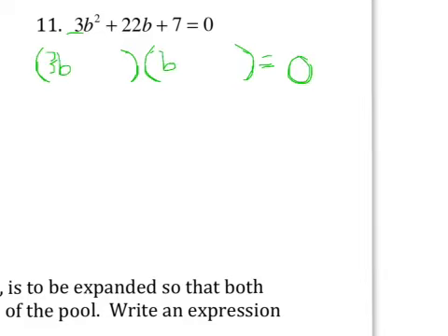And then we need to think of two numbers that add to 7, and that is 7 and 1. Now let's use the smiley face method to check. So this gives me a 7b, and this gives me a 3b. Uh-oh, that only gives me a 10b, and I want a 22b in the middle. So I'm going to switch the 7 and the 1 around and see if that will help.